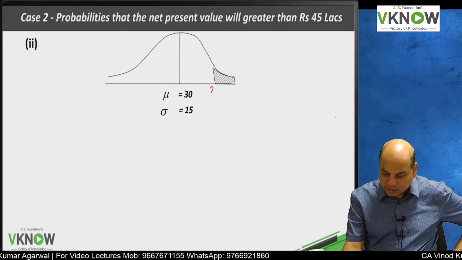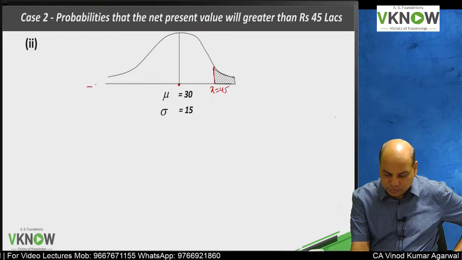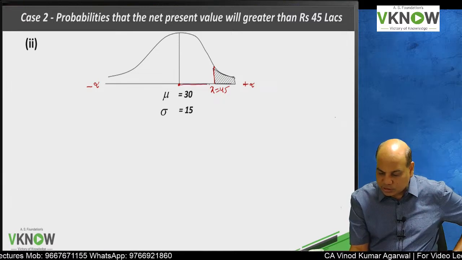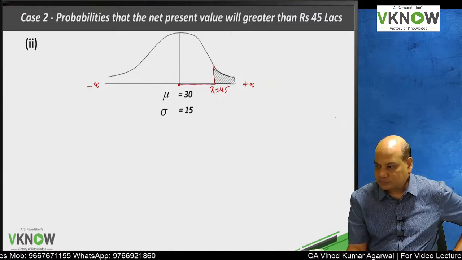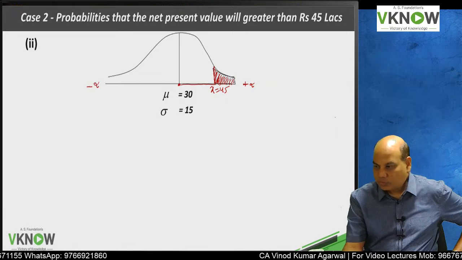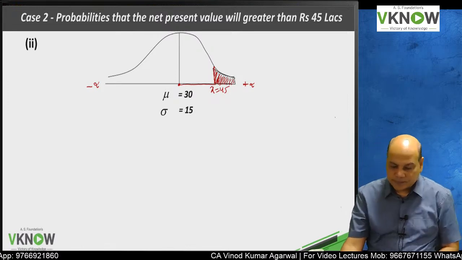So I will write here x equal to 45, because the mean is 30. The range is minus infinity to plus infinity. A number more than 30 will be on the right side, and we want more than 45. We want the probability to be more than 45.